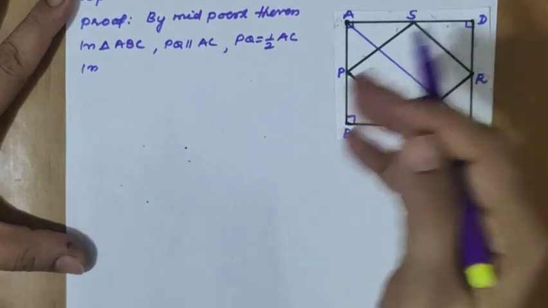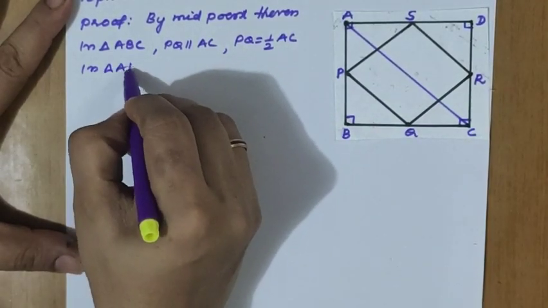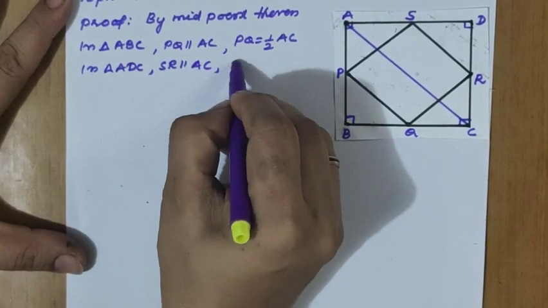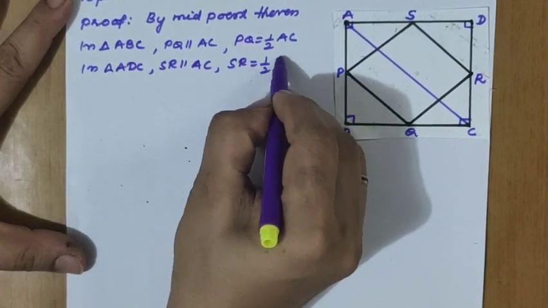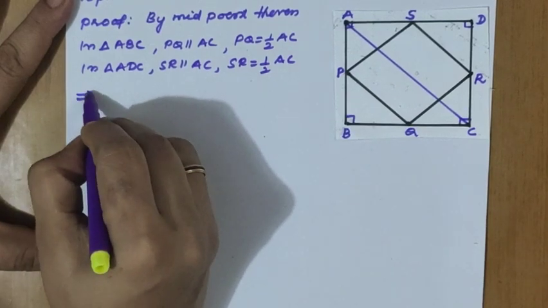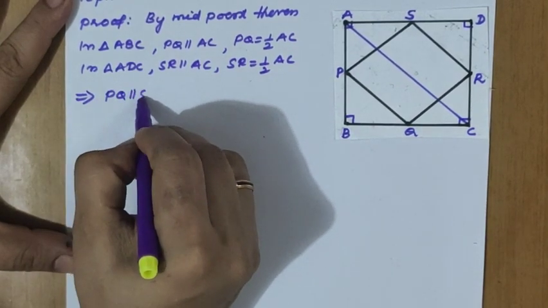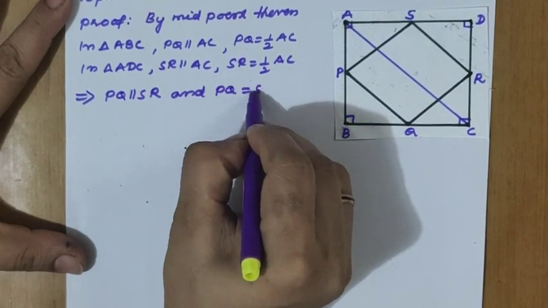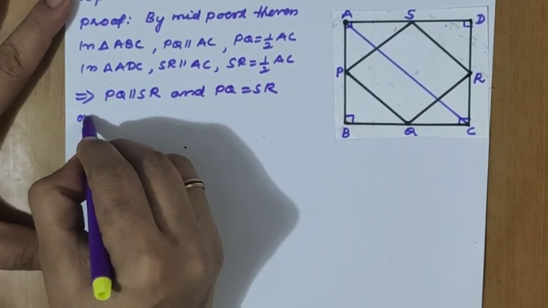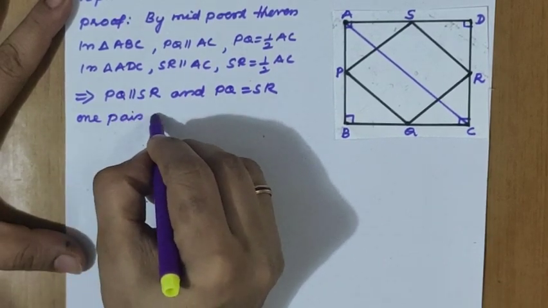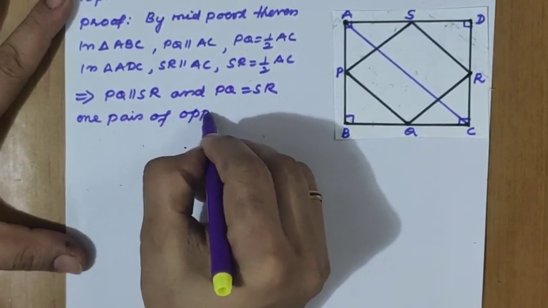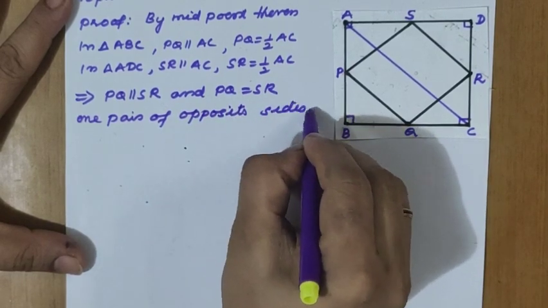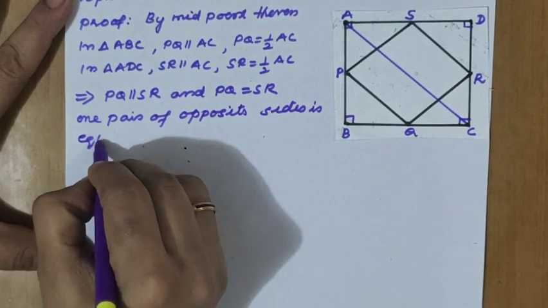In the other triangle, ADC, SR parallel to AC, SR equal to half AC. By this what we can write? PQ parallel to SR and PQ equal to SR. What we got? One pair of opposite sides is equal and parallel.